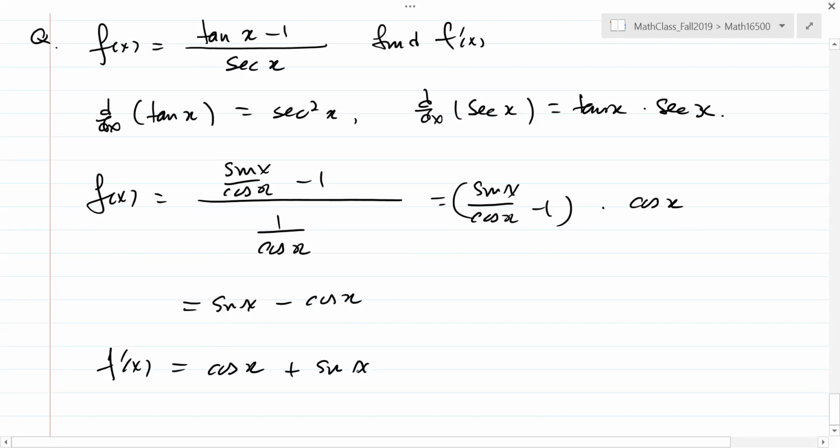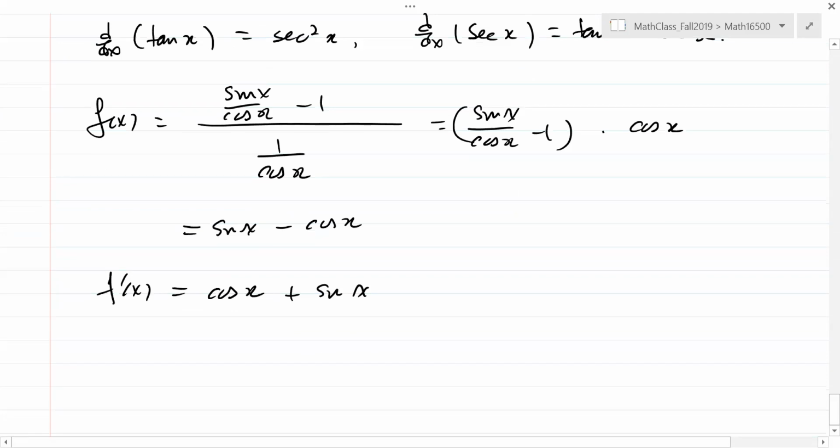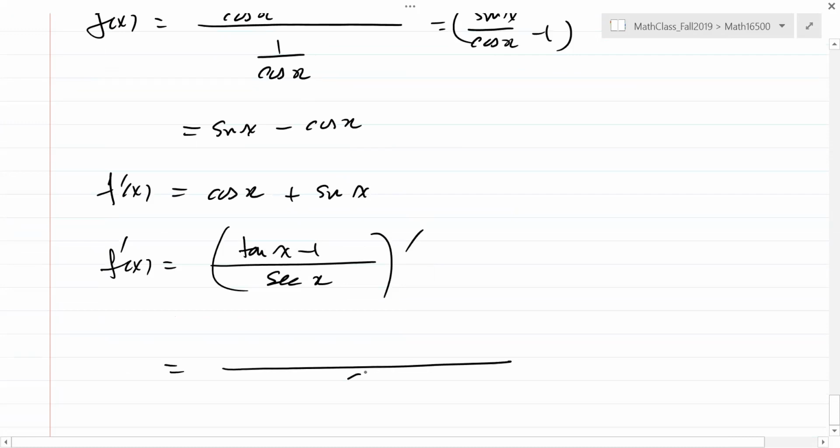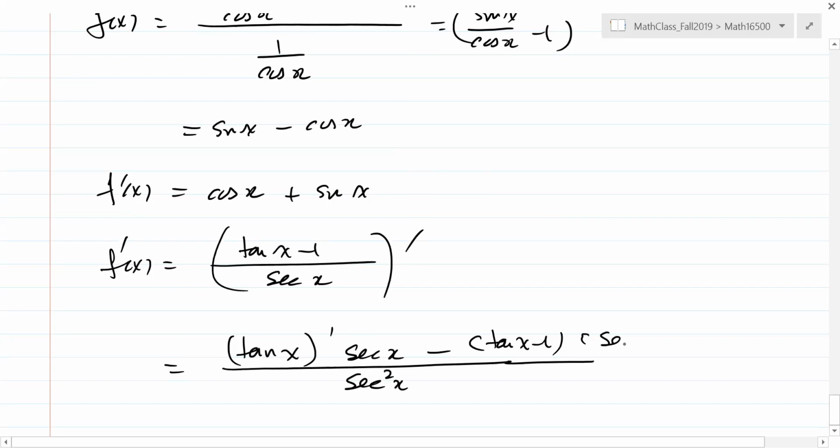But if you want to use the quotient rule to find the derivative, you still have to simplify. Maybe this is tangent x minus 1, right? And I'm supposed to differentiate without changing the function. Okay, what am I going to do? I'm going to get secant squared x, and then the derivative of tangent x minus 1 is secant squared x, minus tangent x minus 1 times the derivative of secant x.